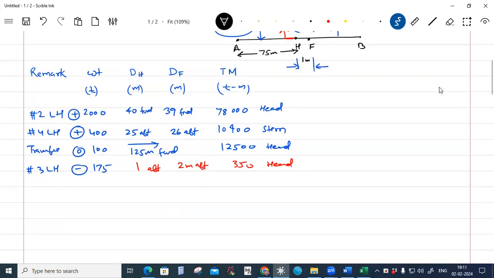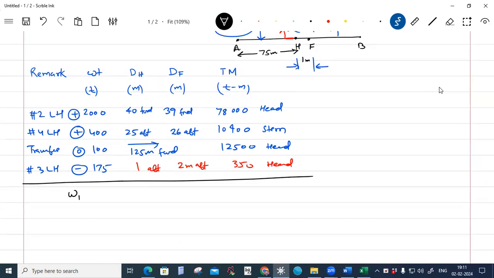No, you've done. Okay. So how much will the effective weight be? Will it go in loading or in discharging? It will go in plus. So how much? 2000 plus 400, 2400, minus 175, 225.